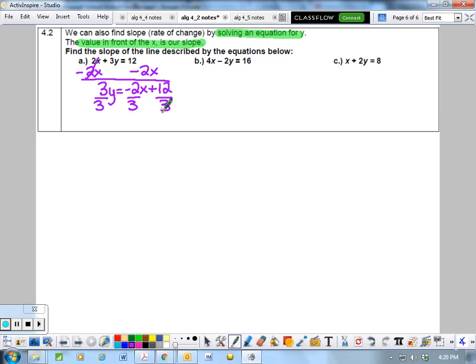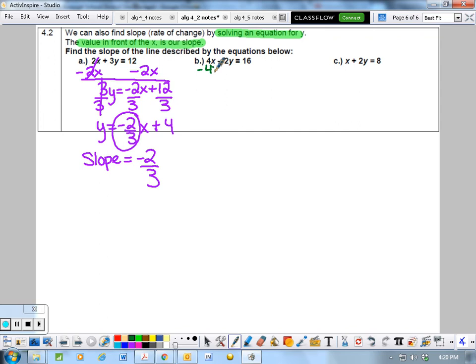And when I divide, I have to divide everything, which is why we usually save that for the very last step. So now I have y equals negative 2/3 x plus 4. And this is our slope. And that's something that we wanted you to see because, again, we're going to be using it a lot this chapter.